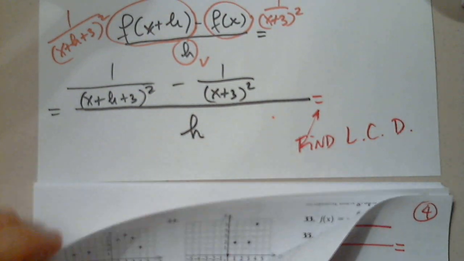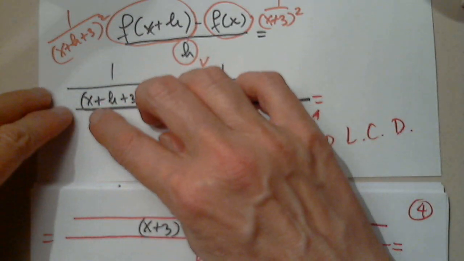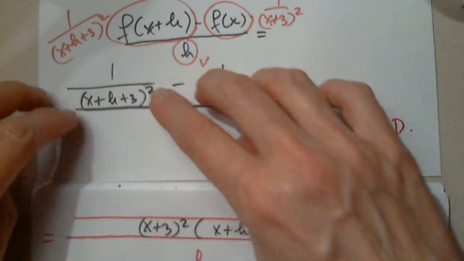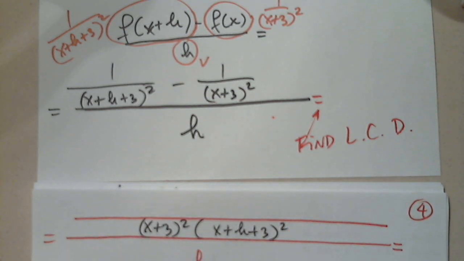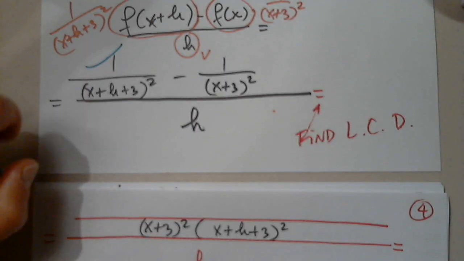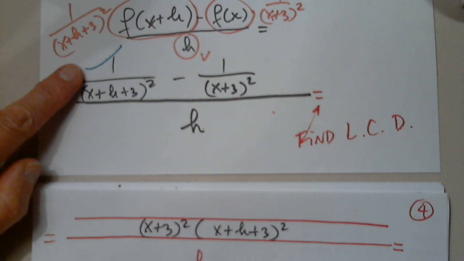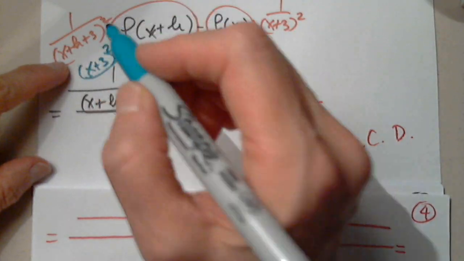But like before, I'm going to ask the same question again. X plus h plus 3 squared was multiplied by what to get this? By x plus 3 squared. Exactly what it does not have.